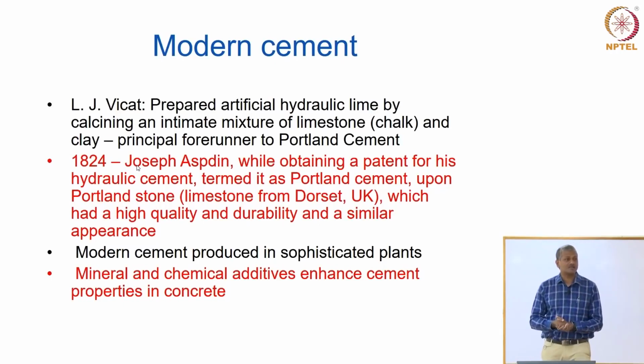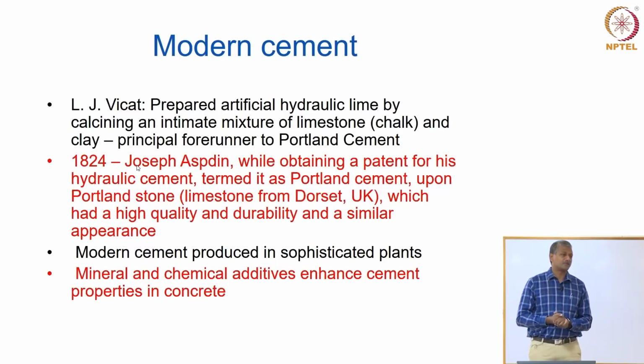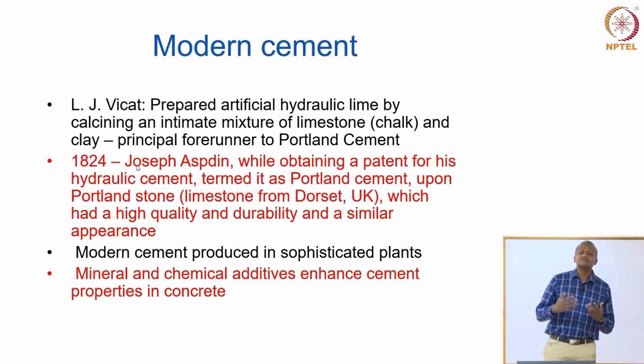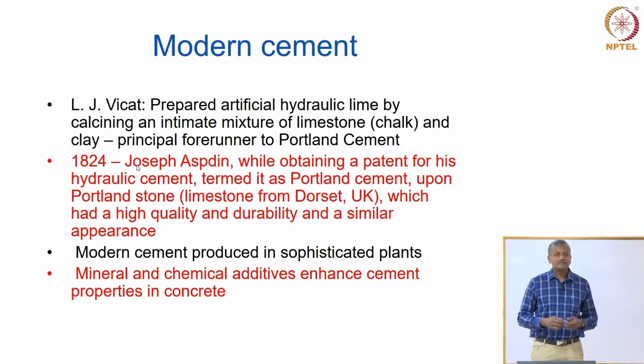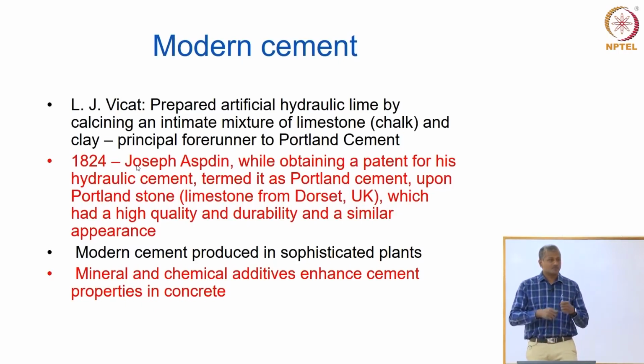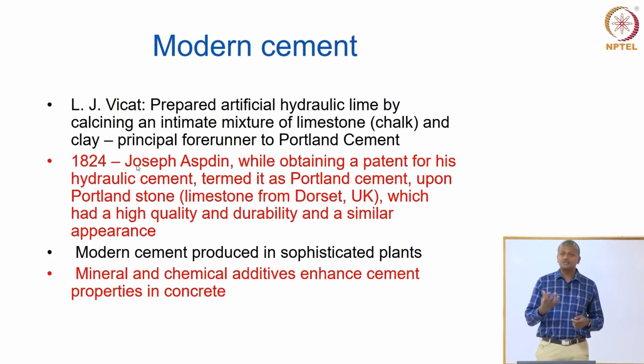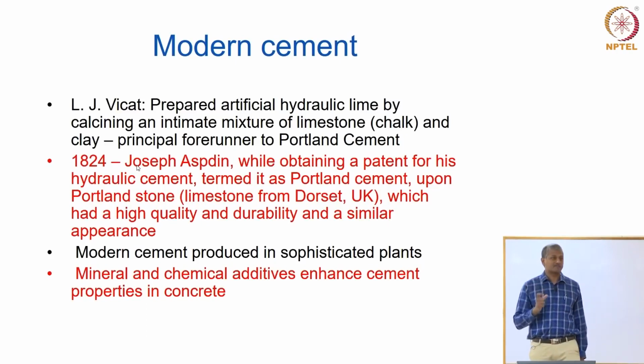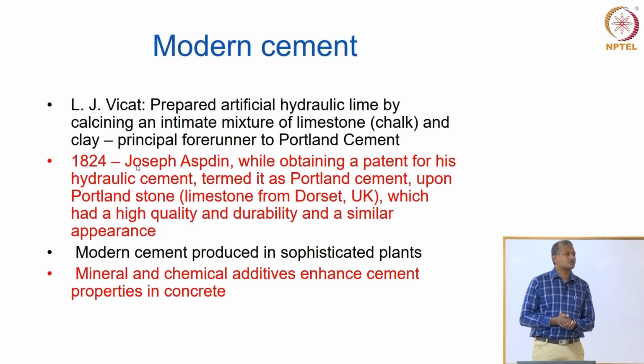And the first person to realize this and understand the marketing potential was Joseph Aspdin. Although he was not the inventor per se of cement, instead of calling it a lime, he called it a cement. He just called it a cement, but he gave it a special name called Portland cement. What he saw was, when this material obtained by mixing limestone and clay together reacts with water, it results in the formation of a hard rock-like substance, and this rock was similar in appearance to a type of limestone found in Dorset in the United Kingdom.